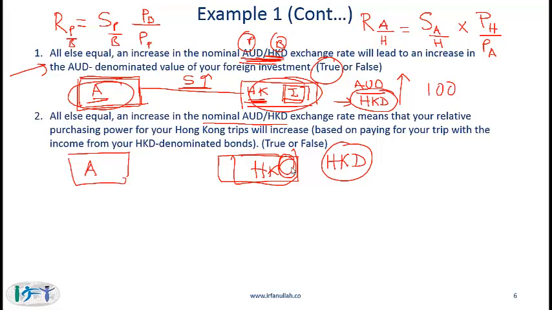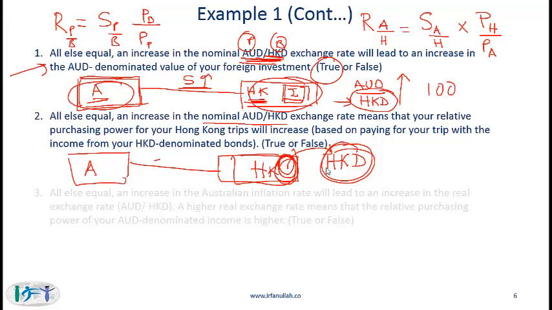So here, any change in exchange rate between the Australian dollar and the Hong Kong dollar doesn't really impact the client. The client is taking the coupon payments or the dividends that he gets from his Hong Kong dollar investments and uses that money to pay for his travel expense, which is primarily in Hong Kong dollars. So any changes in exchange rate don't really impact the client.